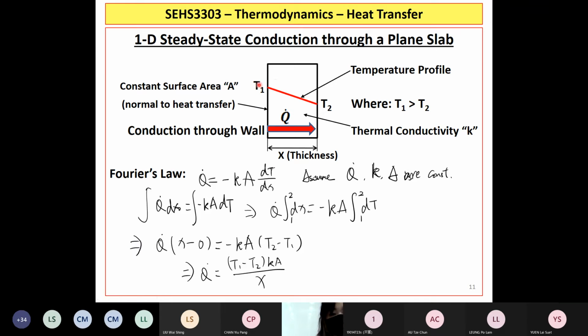Linear temperature profile, or maybe linear temperature distribution through this wall. These are the equations to calculate the conduction through this wall with a temperature difference.